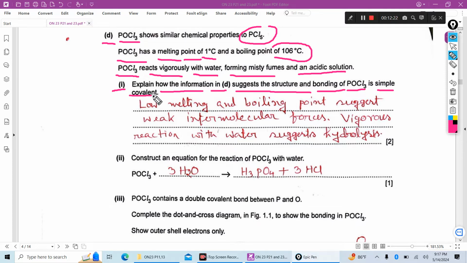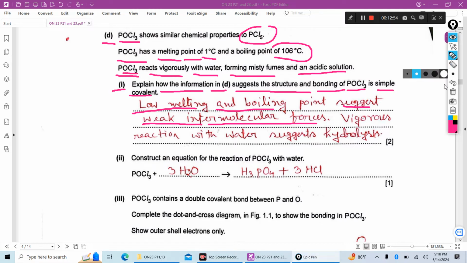covalent. Why is this phosphorus trichloride oxide simple covalent? Because low melting and boiling points suggest weak intermolecular forces. So as there are low melting and boiling points, it suggests that there are weak intermolecular forces between phosphorus trichloride oxide molecules.